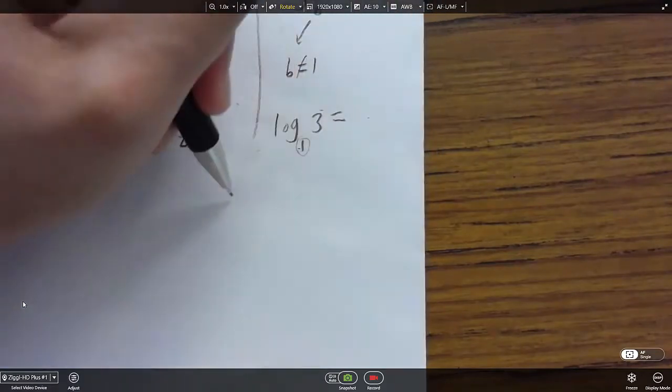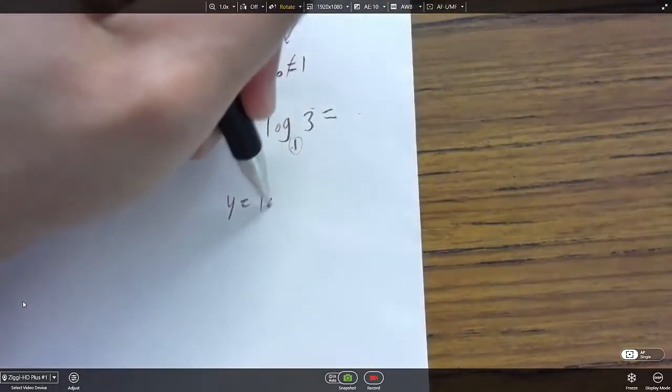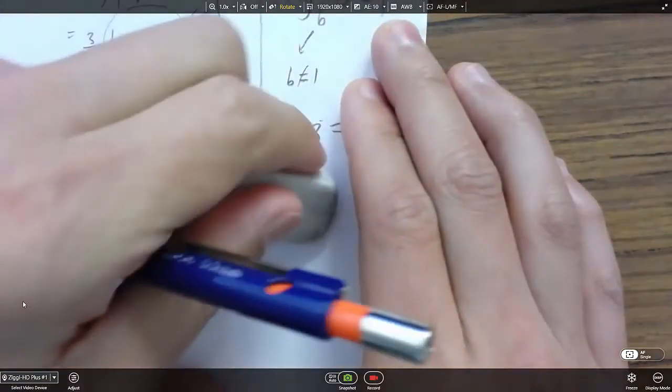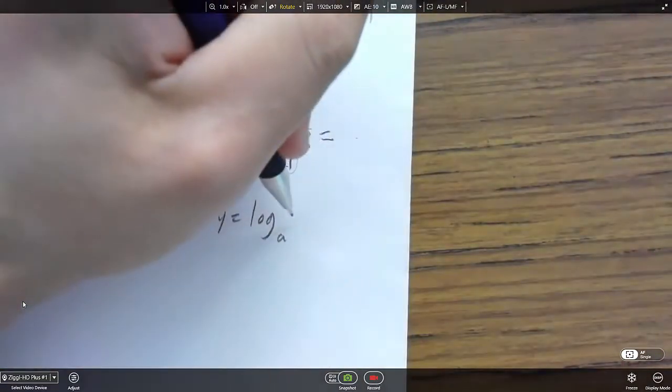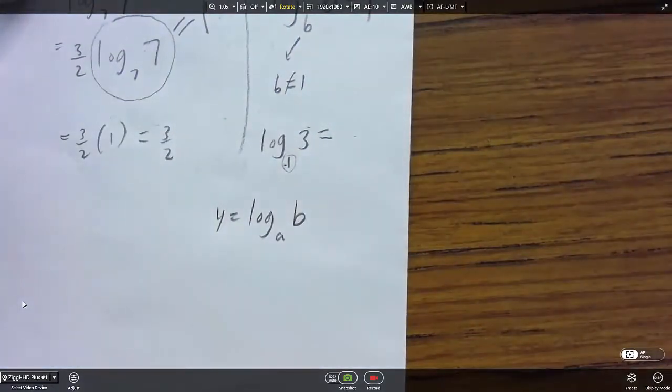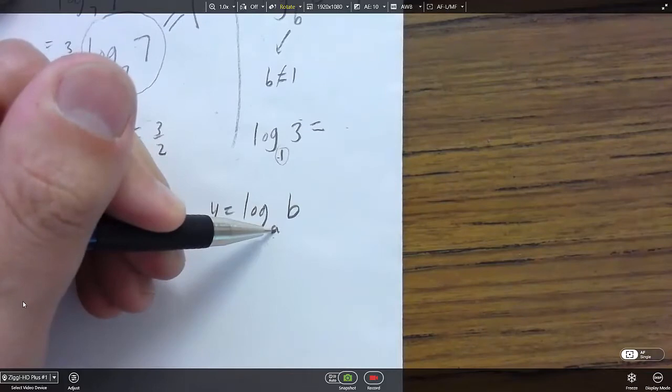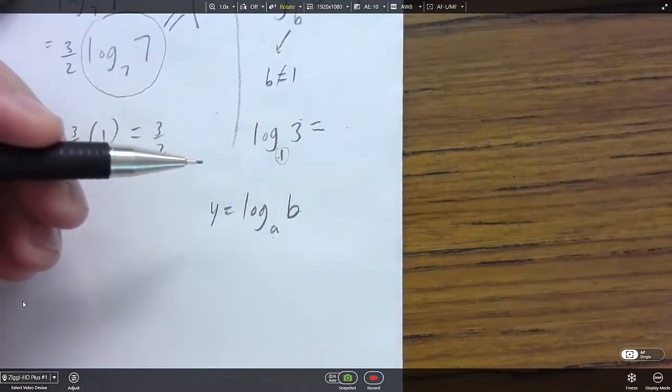So in general, when we say y equals log base a, I'll just use a, b, and regardless of what letters you use, sometimes people use b here, sometimes c, sometimes x, whatever it may be.